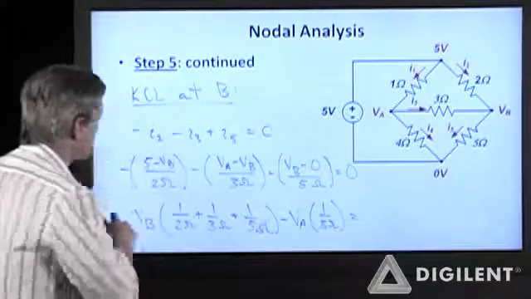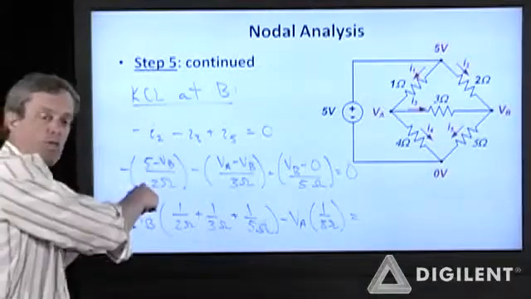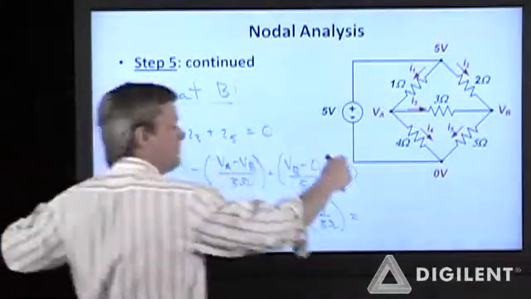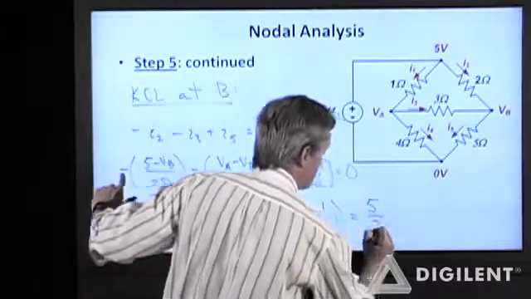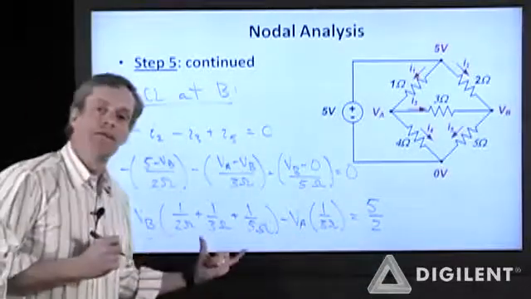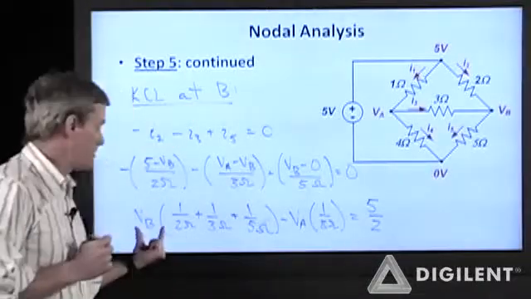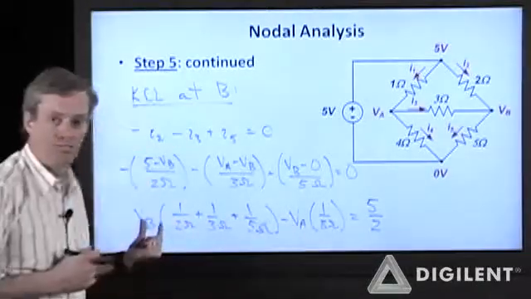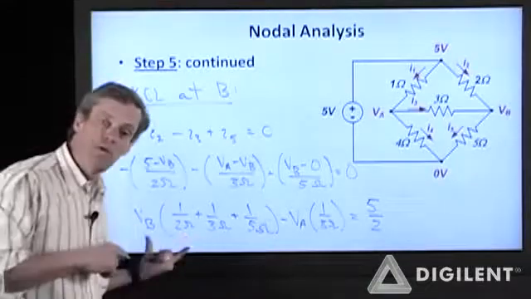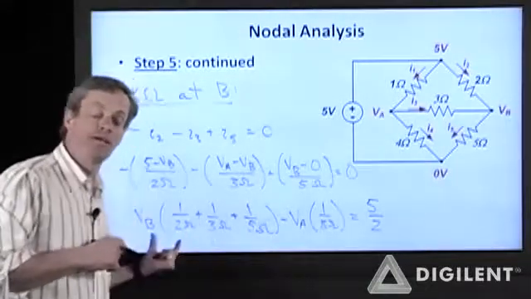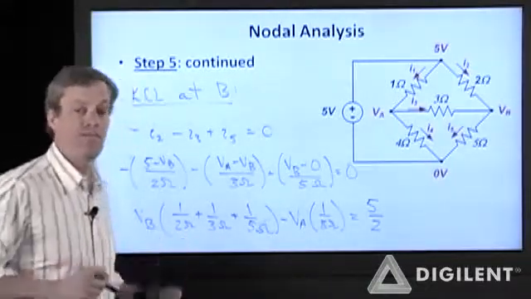And that is equal to this negative 5 over 2. If I take negative 5 over 2 and move it to the right-hand side, it becomes a positive 5 over 2. This is my second equation, KCL at B. It is in terms of my unknown voltages, VA and VB. I now have 2 equations in 2 unknowns. I can solve those equations for VA and VB.